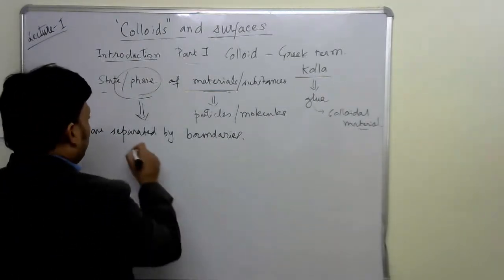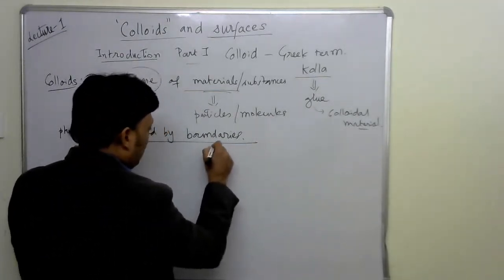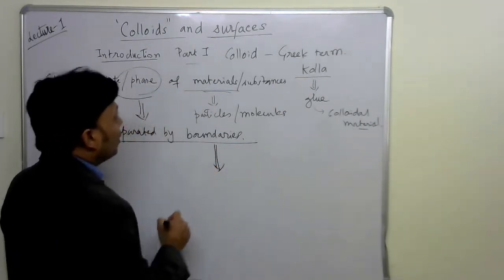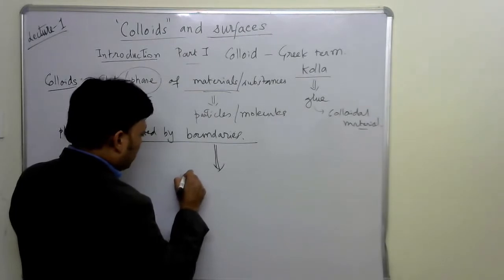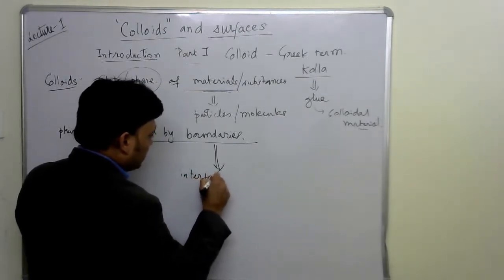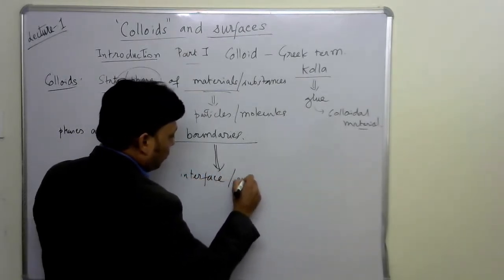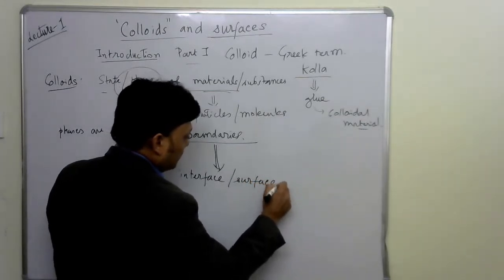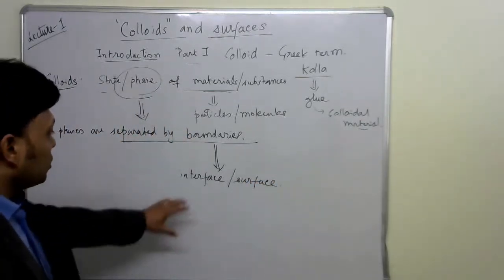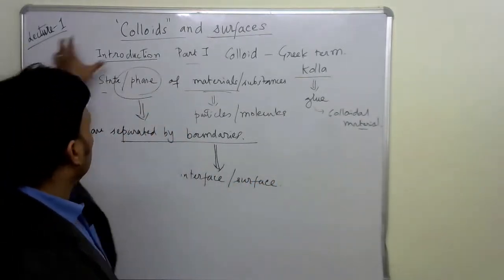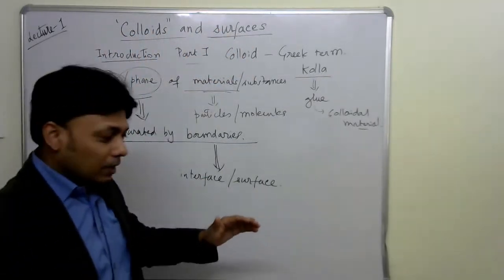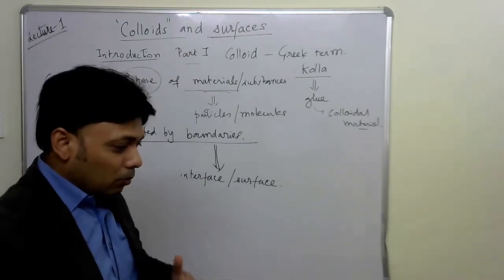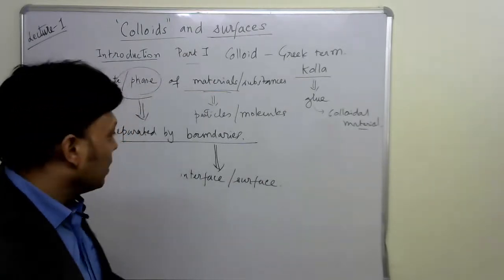Now this phase boundary is interlinked with the term interface, or we can call it a surface. But this is not the sole reason that we connect the word surface with colloid. There is a much stronger scientific reason.